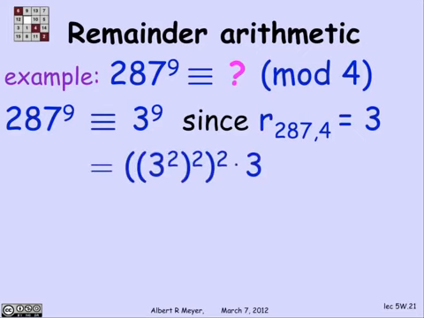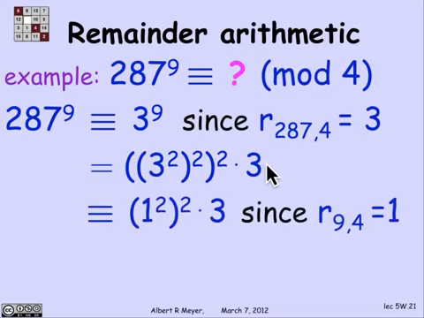Well, we can make more progress because 3 to the 9th can be expressed as 3 squared squared squared times 3, right? Because when you iterate taking powers, it means that the exponents multiply. So this is 3 to the 2 times 2 times 2, or 8, times 3, which adds 1 to the exponent, or 9. So that's simple exponent arithmetic. But notice that 3 squared is 9, and 9 is congruent to 1 mod 4.